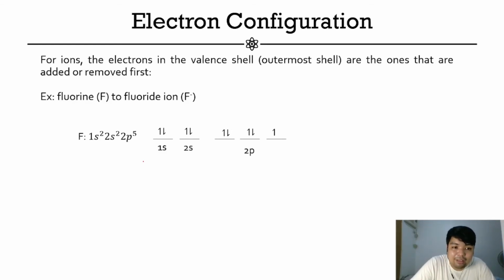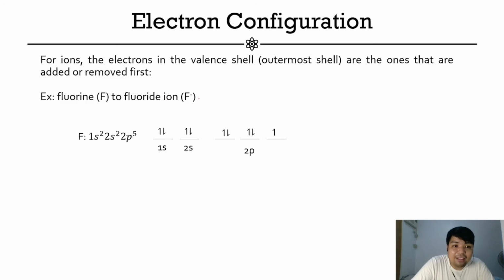Fluorine has this electron configuration. If this is converted to a fluoride anion, because of its charge of -1, we'll need to add one more electron.